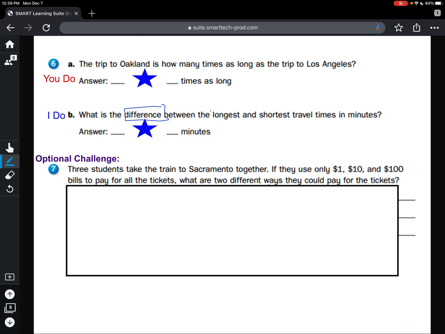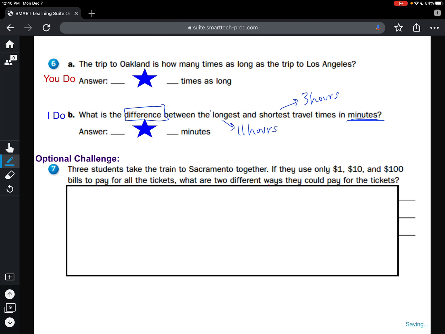So to be able to figure this out, I need to know what the longest travel time is. So take a look at your chart. What's the longest travel time? The longest travel time was Sacramento, and it's 11 hours. How long is the shortest travel time? It's 3 hours, and that was for Los Angeles.